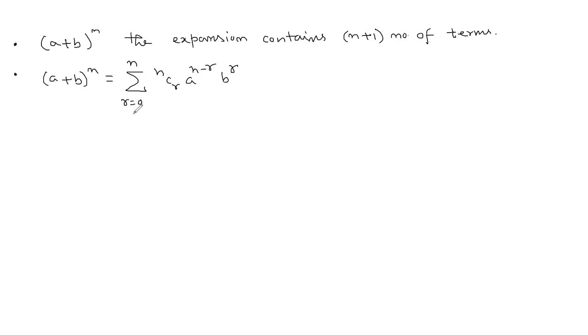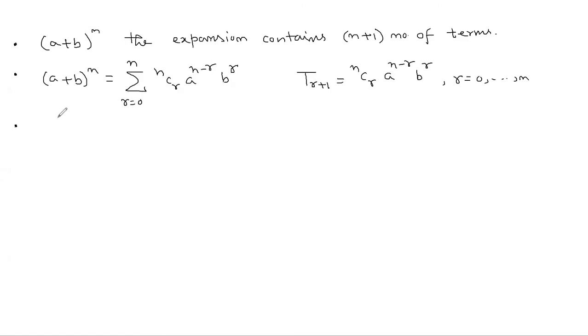So the first term is the 0th term, right? But we don't say it is a 0th term, we say this is the first term. So that is why we write the general term as t r plus 1 is equal to nCr a power n minus r b power r. r varies from 0 to n. So if you put 0, then you'll get the first term t1. For r equal to 1, you'll get t2, that is the second term. And if you put n, you are going to get the last term, that is t n plus 1, because this expansion contains n plus 1 number of terms.